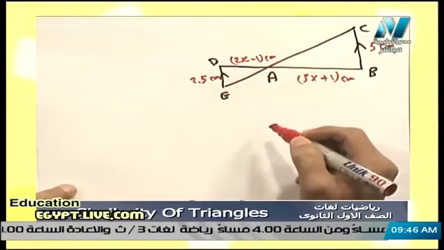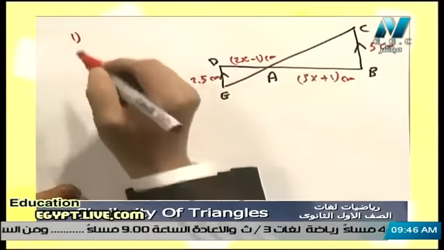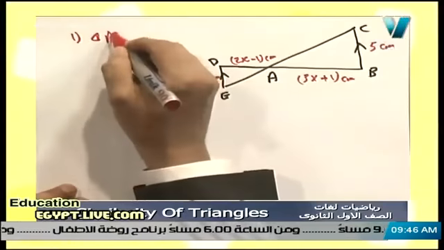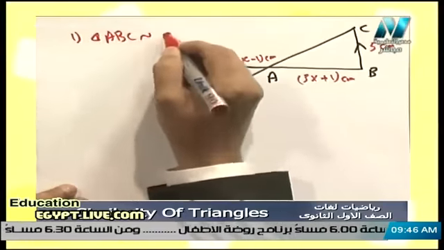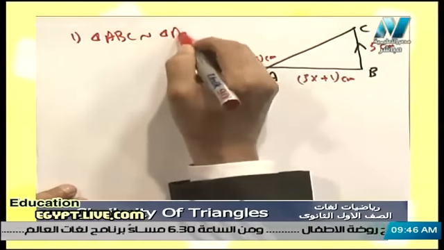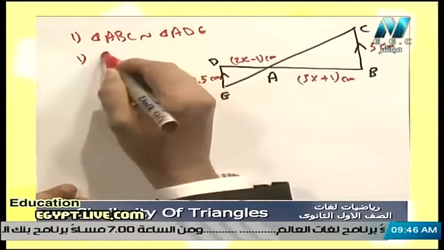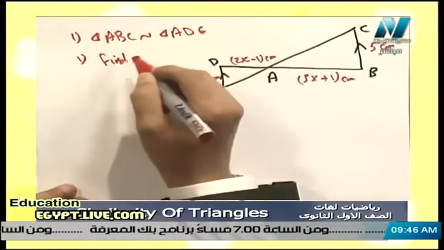And the request is, number 1, to prove that the triangle ABC is similar to triangle ADE, and the second one is to find x.